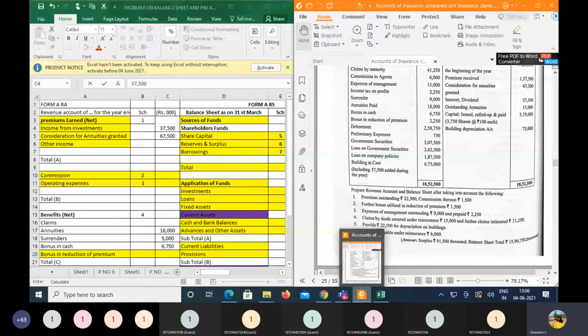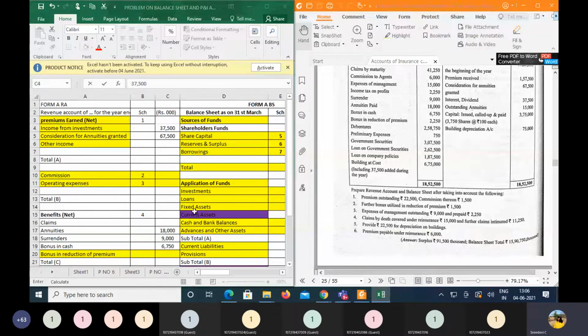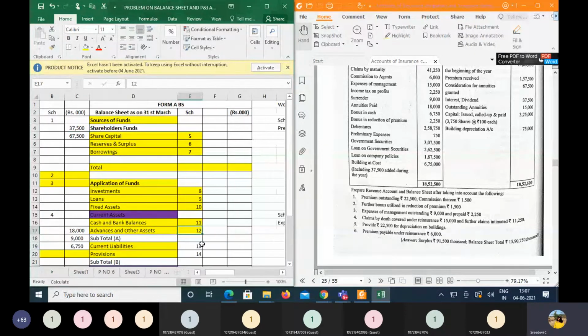So let it be towards outstanding incomes, or let it be towards outstanding expenses. So therefore this outstanding liabilities, I'm going to show it under the current liabilities, that is under schedule number 13. Current liabilities, schedule number 13. So here just copying this.